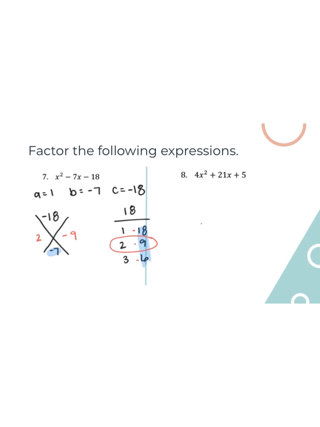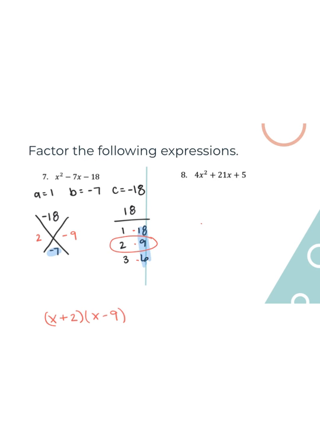Okay, I could rewrite this out, or I could just say x plus 2 and x minus 9. And that will be your final answer. That's how you're going to factor those ones.